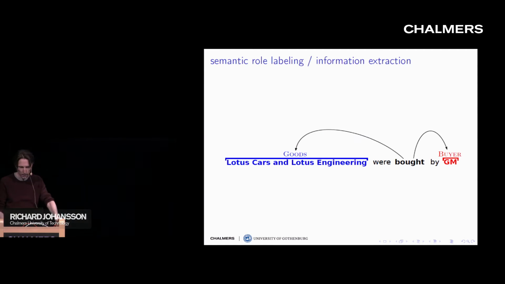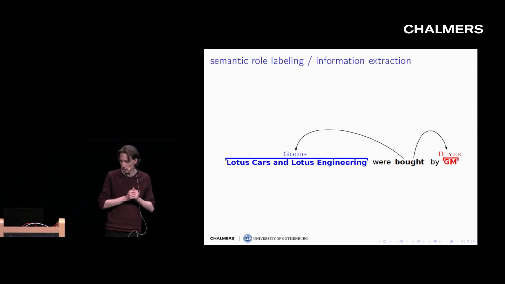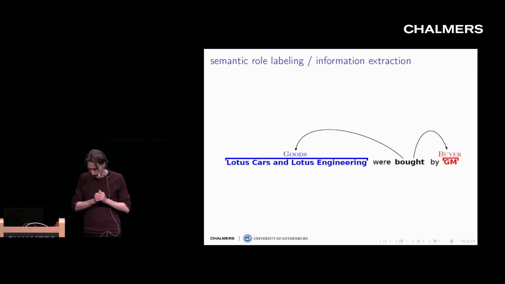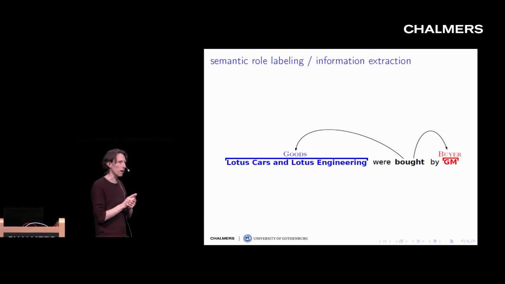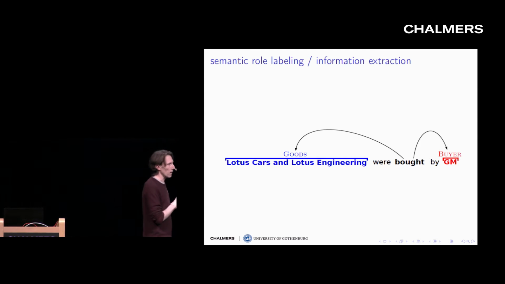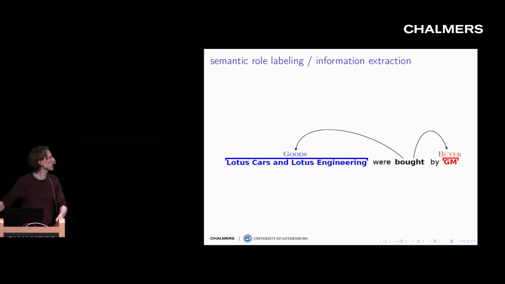And another slightly more low-level application I would like to mention is the task of semantic role labeling or information extraction. So let's say that you're building some system that is crawling business news or something like this, looking for descriptions of when companies purchase some other company, and you crawl a lot of these texts.